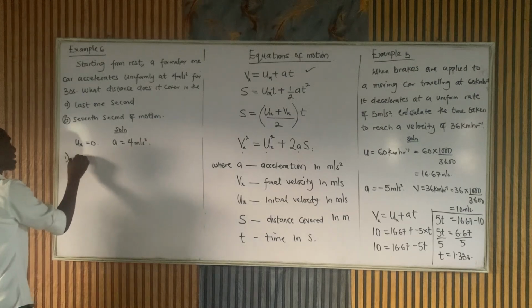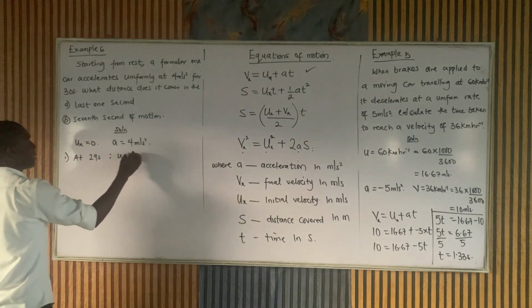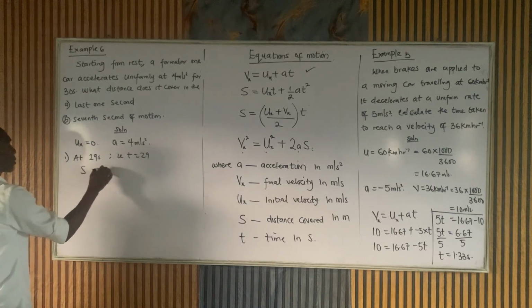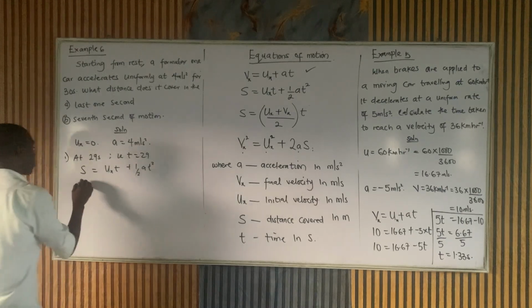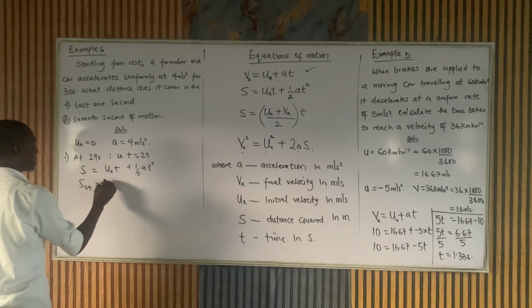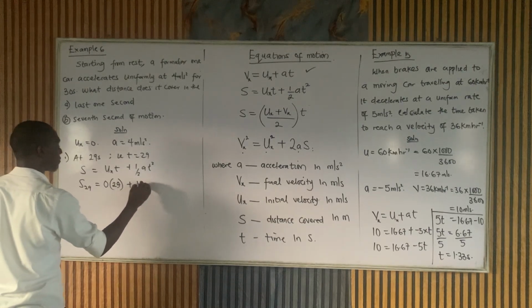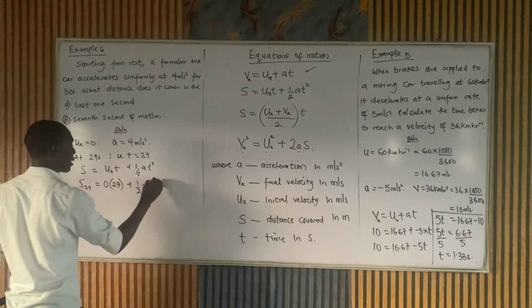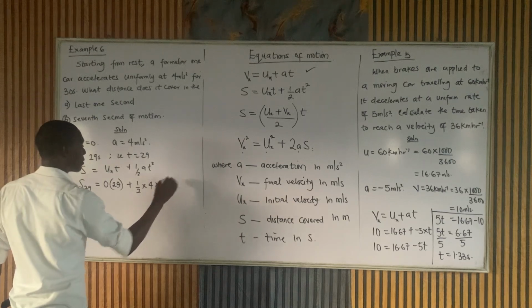So at the 29 seconds now, that is T equal to 29. What distance did it cover? S is equal to UT plus half AT squared. So we can say X at 29 is equal to U, which is 0, times T, 29, plus half times A, which is 4, times T, 29 squared.